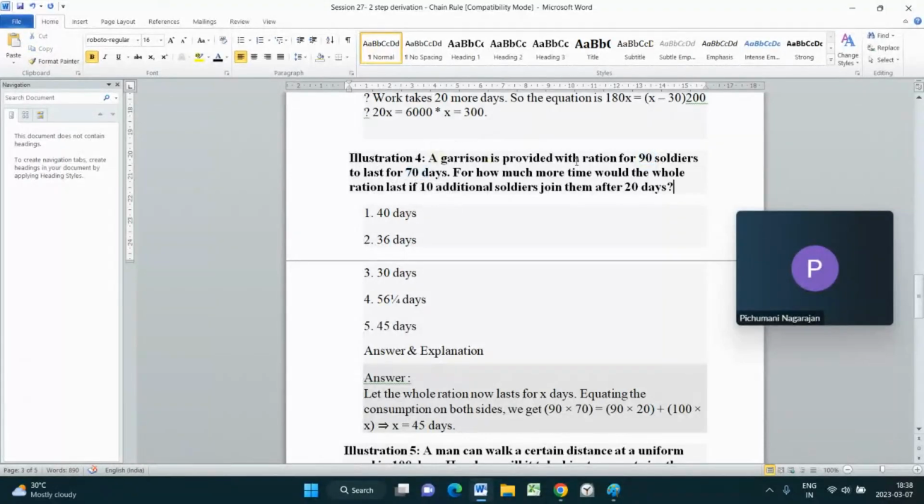For how much more time? அதாவது 70 days இல்ல, இன்னும் அடிஷனலா வேணும் அவளுக்கு 20 days. Additional soldiers வர போறாங்க. So 20 more days வேணும். இங்க 90 soldiers இருக்காங்க. இங்க எவ்வளவு additional soldiers? 10 additional soldiers இருக்காங்க. இங்க 90 has become 10. இங்க 70 days is becoming how many days?